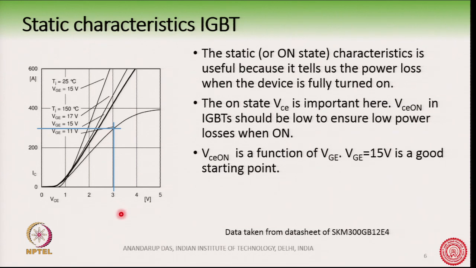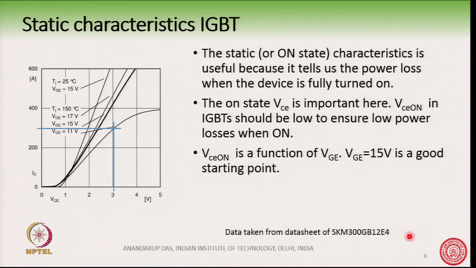As you can see, this data is taken from one of the manufacturer's data sheets, the SKM300GB12E4. This is a 300 ampere 1200 volt IGBT. We have taken the curve from its data sheet.